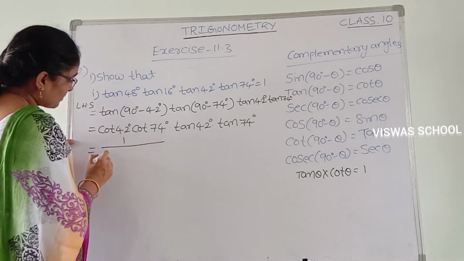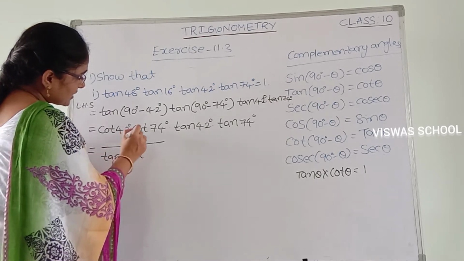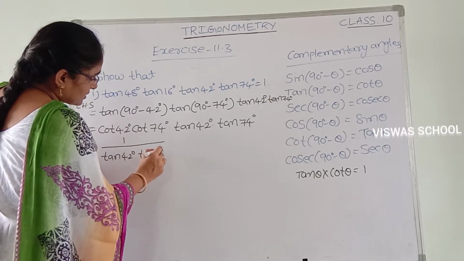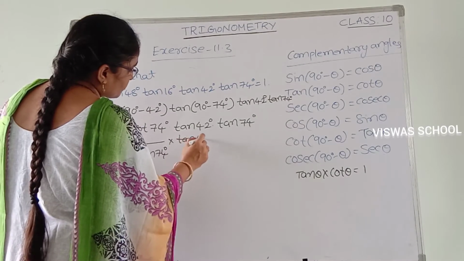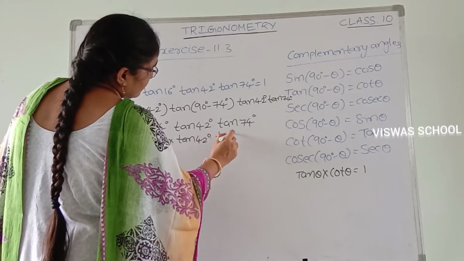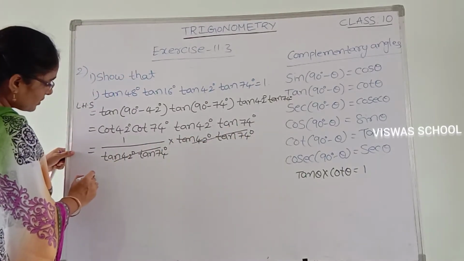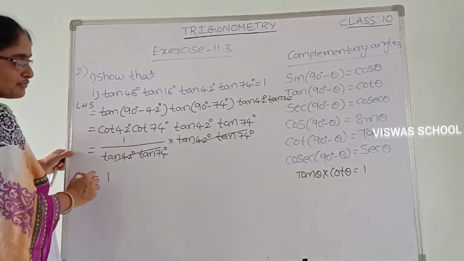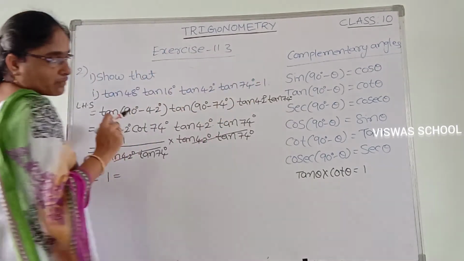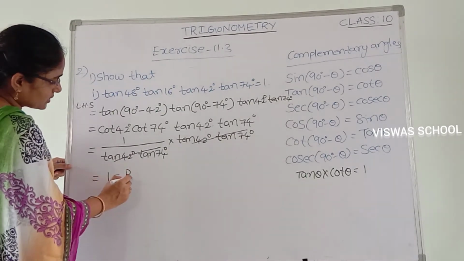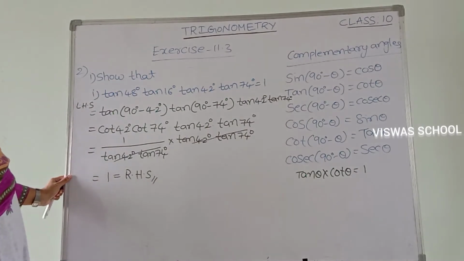That is 1 by tan 42 into 1 by tan 74, and here tan 42 degrees into tan 74 degrees. These are cancelled. Now the answer is 1. This is the LHS, and we had to prove this value is equal to 1, which is the RHS. Therefore, LHS is equal to RHS.